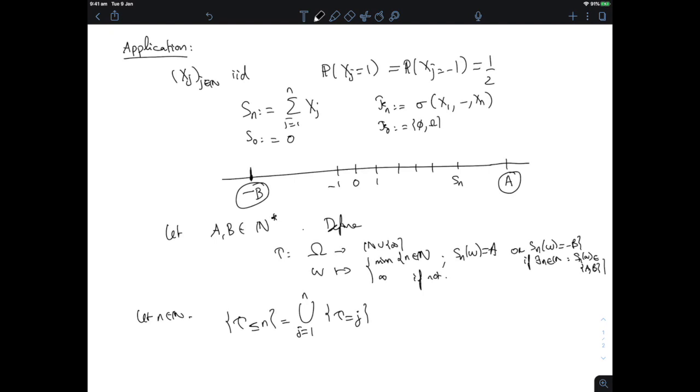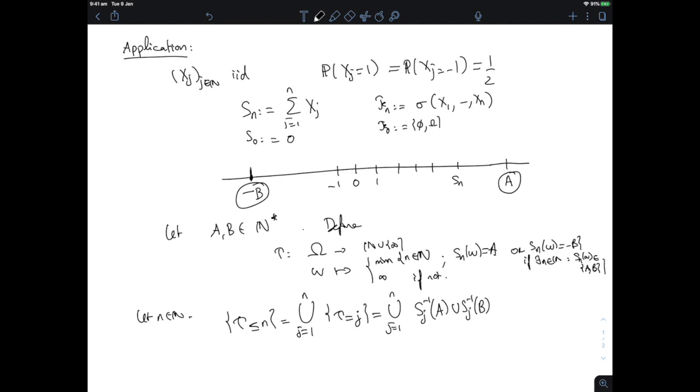And what does it mean that tau is equal to j? That means that Sj is A or Sj is minus B. So this is the union, j equal 1 to n, of Sj inverse of the point A union Sj inverse of the point minus B.